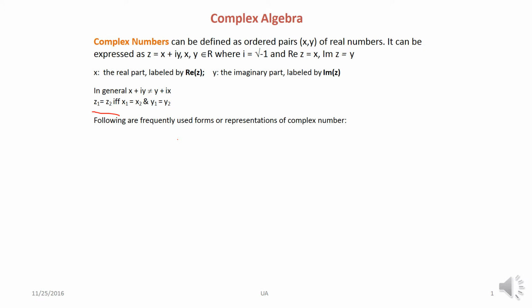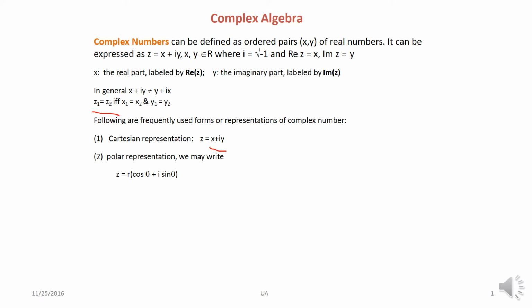The following are frequently used forms of representation of complex numbers. This is the Cartesian representation, z = x + iy, and the polar representation we may write as z = r(cos θ + i sin θ).